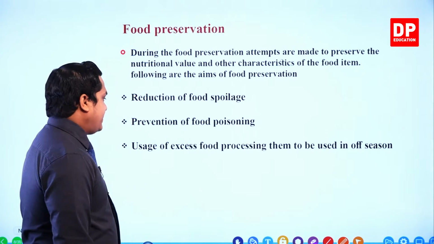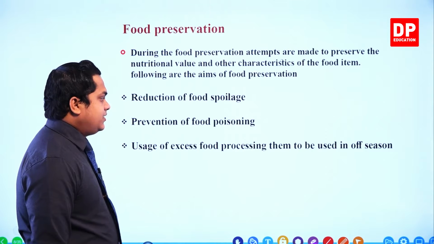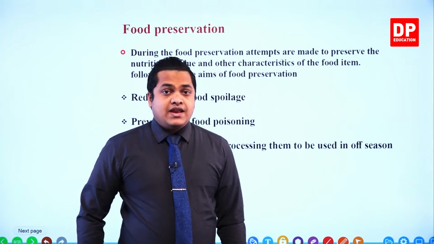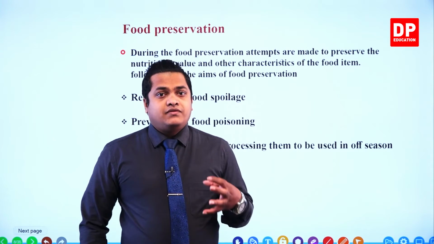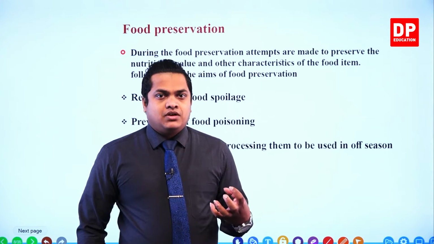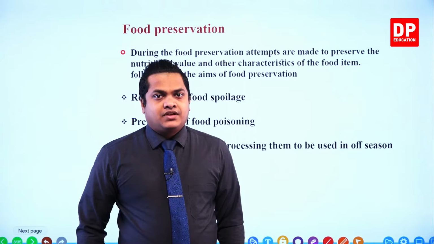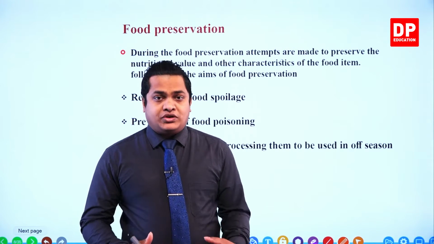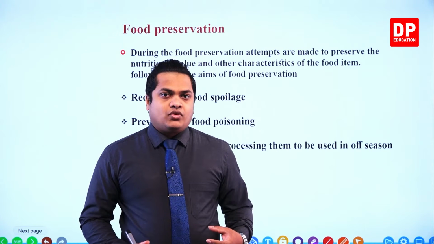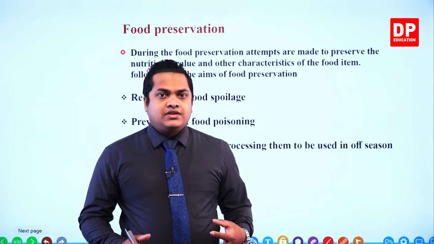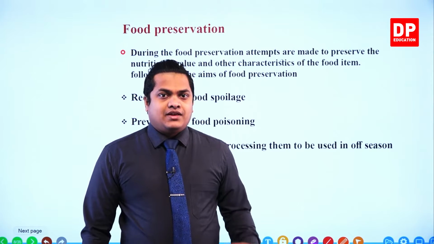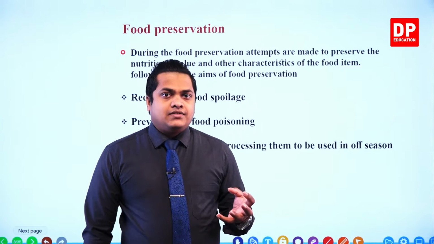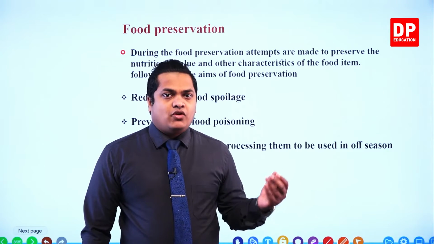Then the next one, usage of excess food, processing them to be used in the off-season. That's a main aim of preserving food. Like I said earlier, if a certain fruit is only grown in a certain time period, then by preserving that fruit item, we can consume it even within the off season.